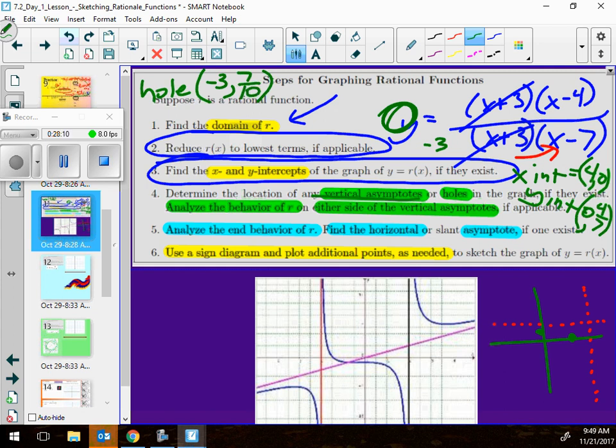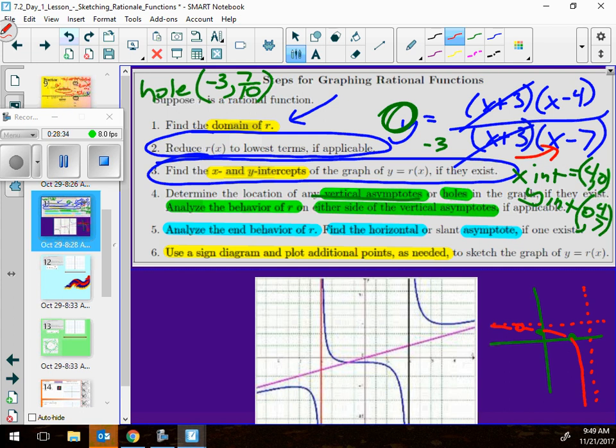Excellent. So this is weird, you don't put a dot there. You go to -3 comma 7/10 and put an empty spot there. But the graph goes through that empty spot. It just doesn't go inside the empty circle. Do you get that was part of this thing? If I was going to make my finished graph, it looks kind of like that.